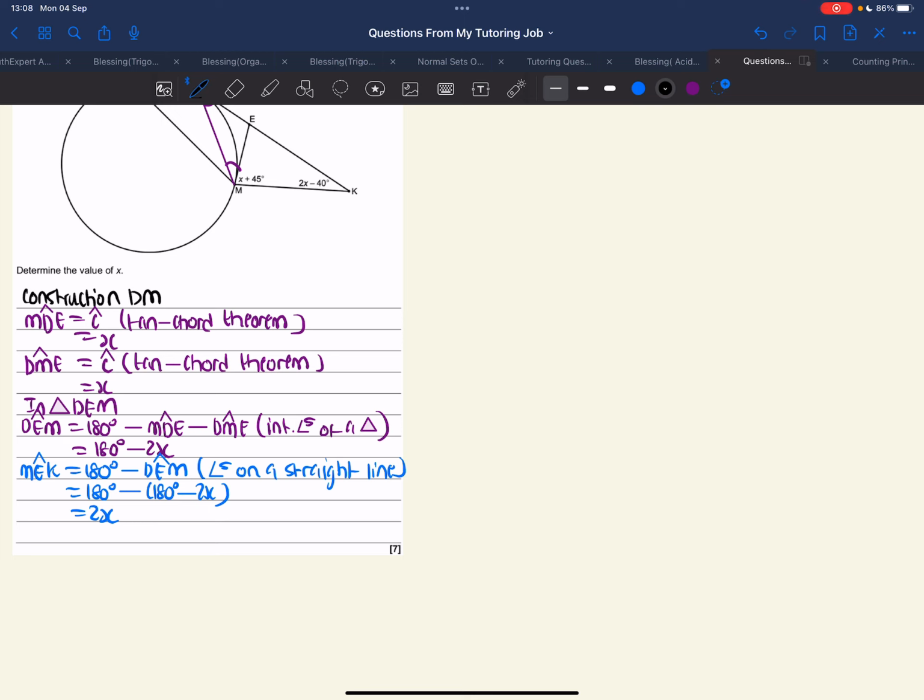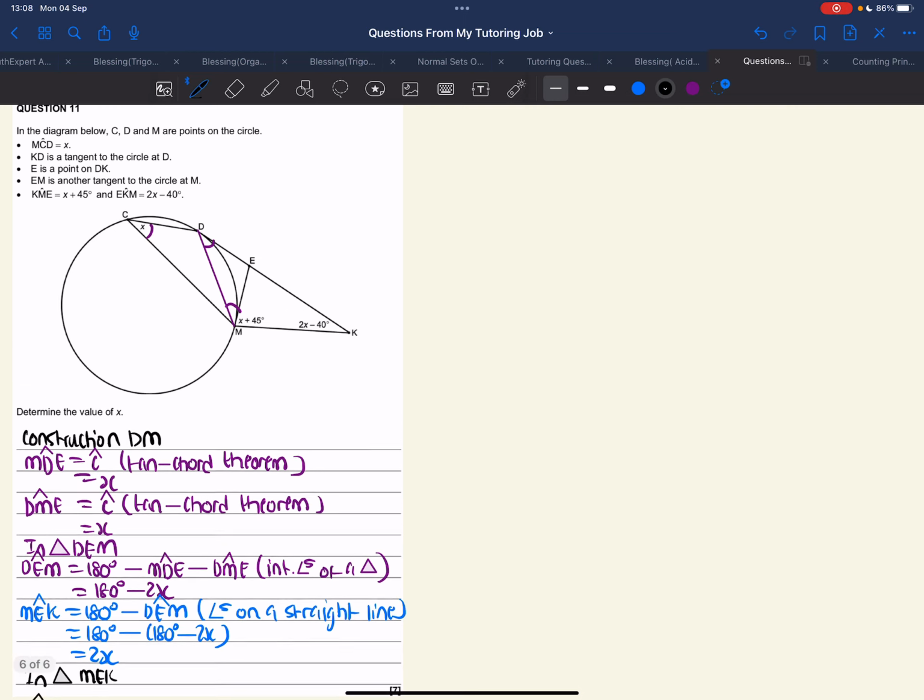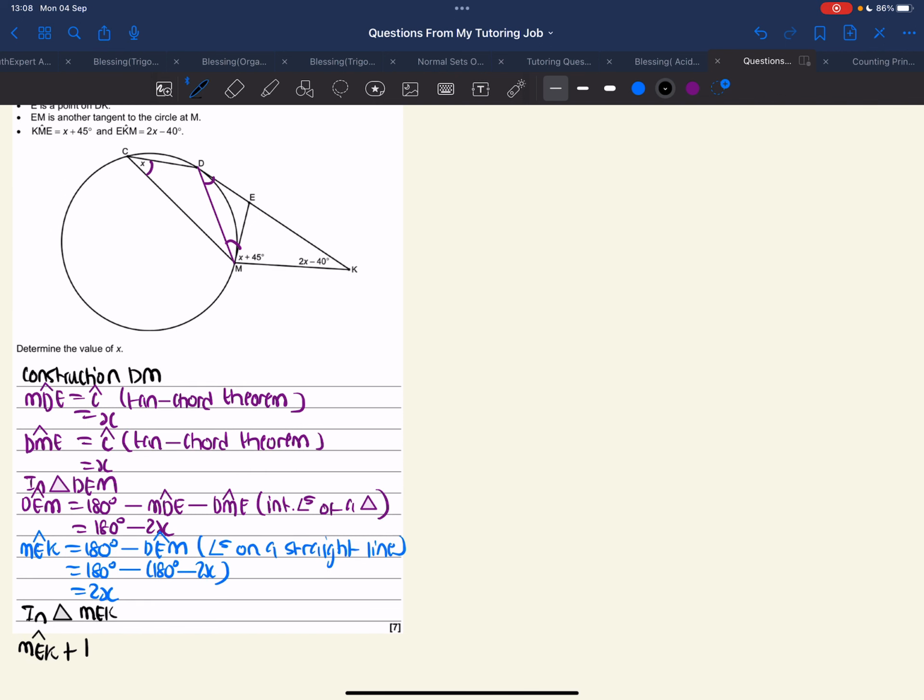Now I can say that in triangle MEK, angle MEK plus angle KME plus angle EKM must all be equal to 180 degrees, and the reason for that is interior angles of a triangle.